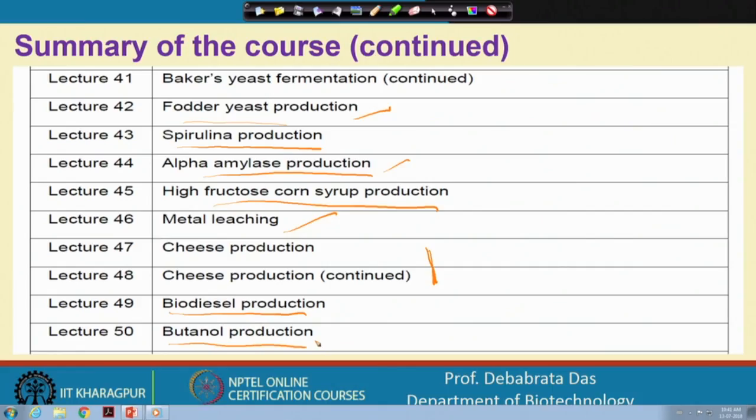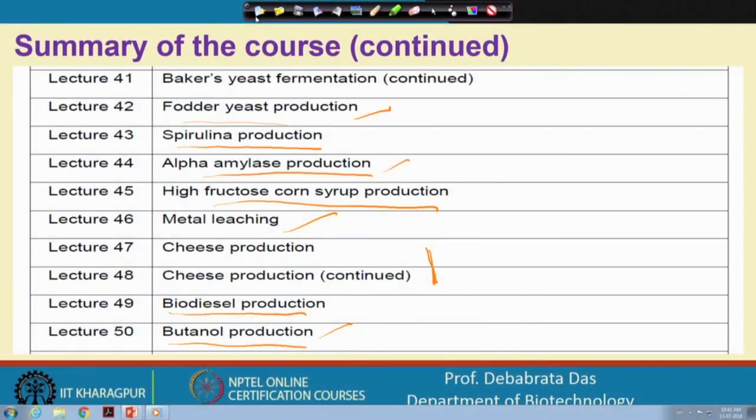Nowadays algae, microalgae also contain a high amount of lipid that can be easily converted to biodiesel, and we found them suitable for biodiesel production. Then butanol is also produced through the fermentation process. This is the old process, the acetone butanol fermentation process we know very well. That was also invented during the Second World War, and this is largely available in the market.